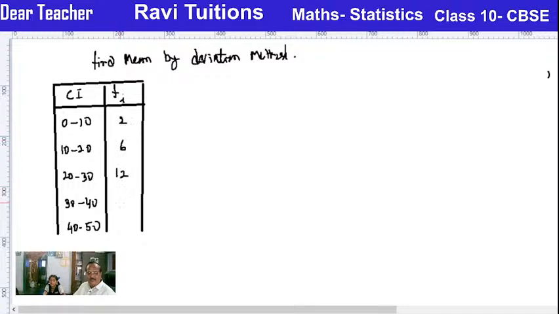I am giving easy figures so that it will be easy. Okay, so this is the table.